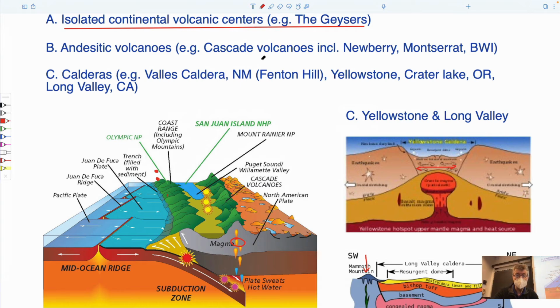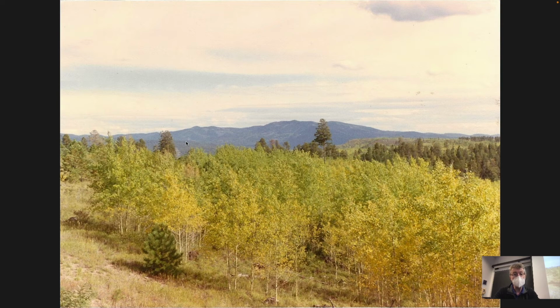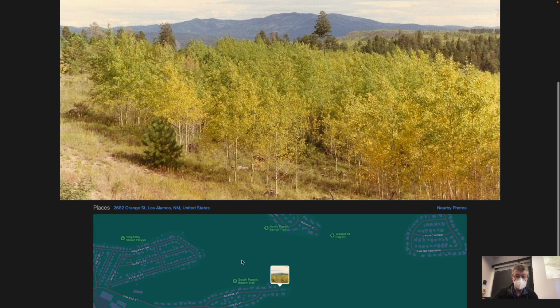And actually, I don't know. So Cascade volcanoes we talked about. Newberry we haven't talked about. We will talk about Montserrat, but let's not talk about that right now. I just see that the next figure that came up is the Valles caldera. And so the Valles caldera is the home of the Los Alamos EGS site, maybe in 1974. I think I do have it.